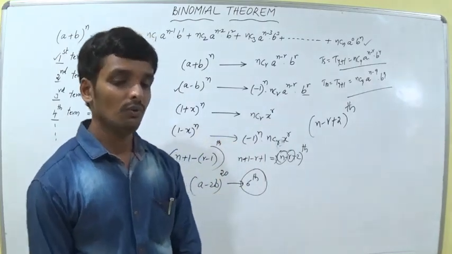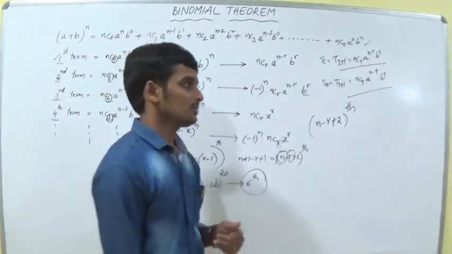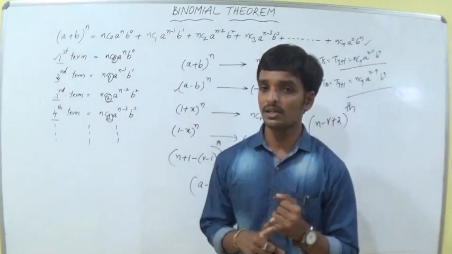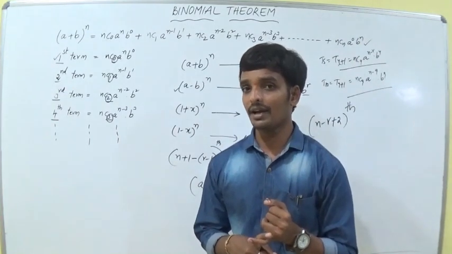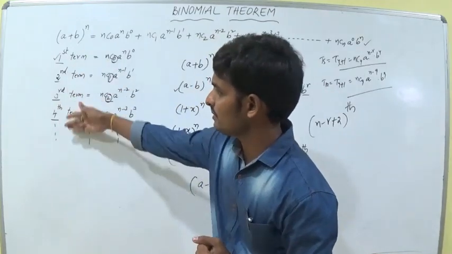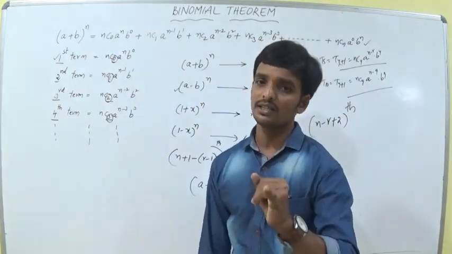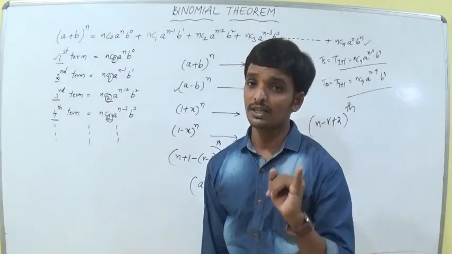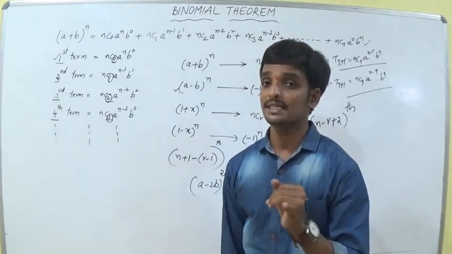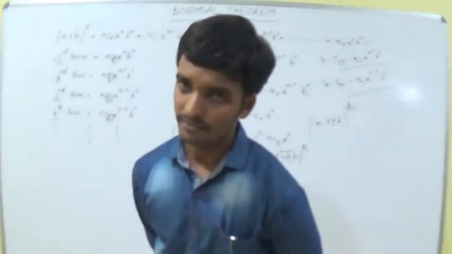So now we have learned many things in this video. The first one is the general formula. General formulas are derived and observed from the general forms of these terms. If you observe these four terms, you can write the general formula very easily. T r plus 1 is equal to nCr a to the power of n minus r into b power r.